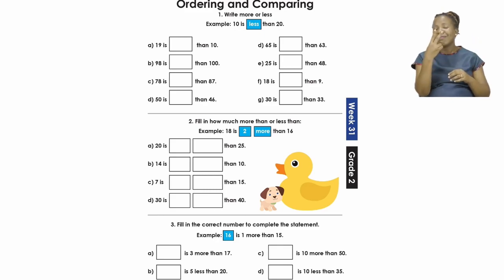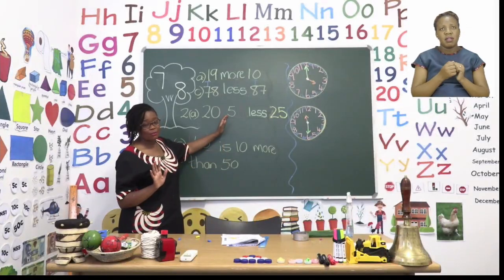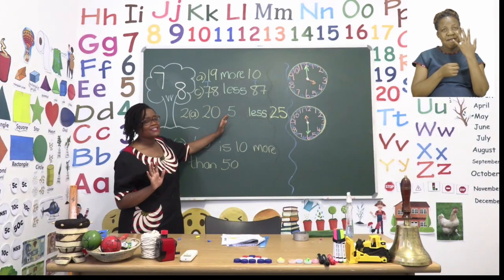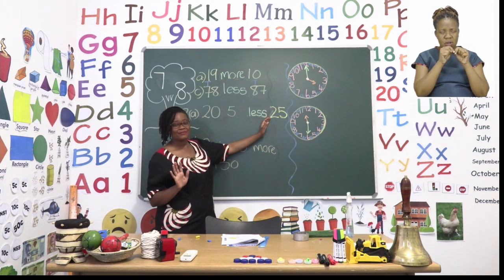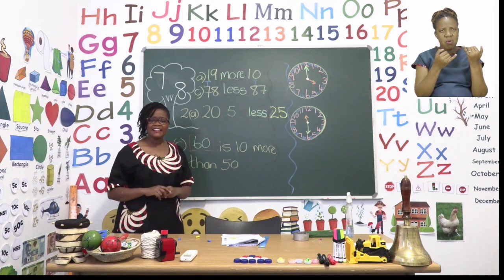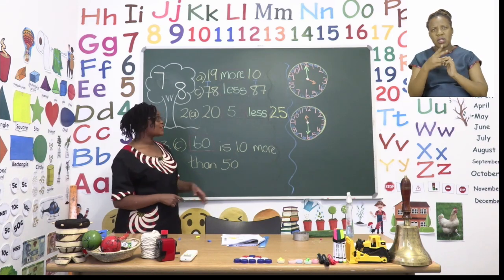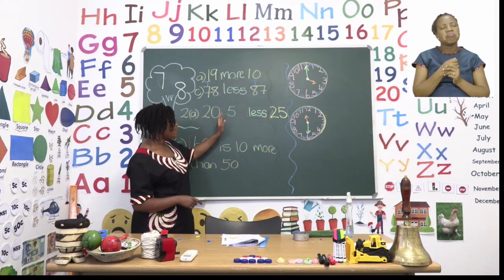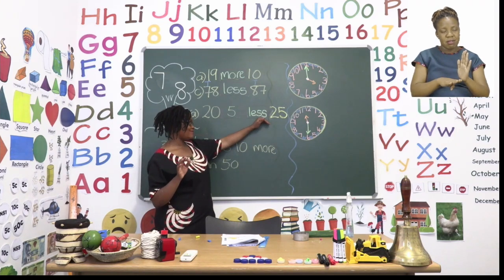So that is 5. So that means 5 is going into the first box. Now we need to decide, is 20 more or less than 25? Well, seeing that we were adding instead of subtracting, it looks like 20 is smaller than 25. So we use the word less.